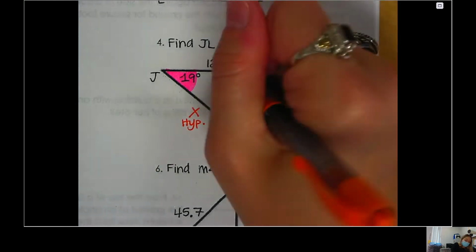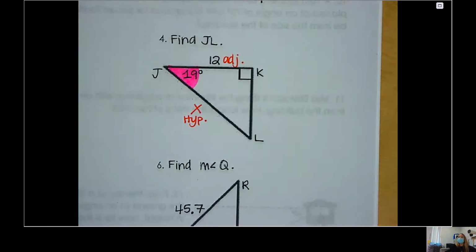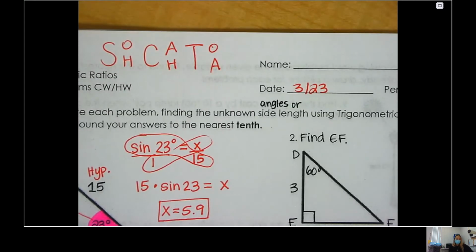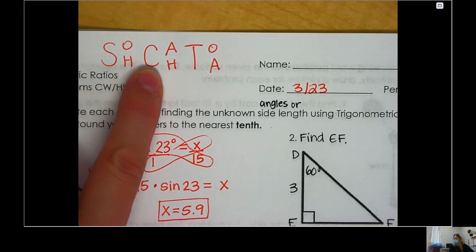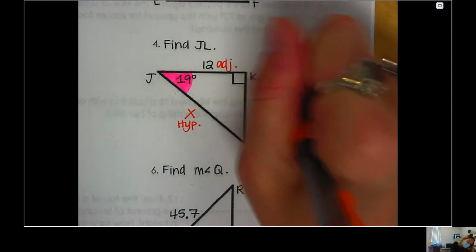It's adjacent. Good. So I'm using the hypotenuse and the adjacent. Which one am I going to choose? Hypotenuse and adjacent. Good. The cosine. Beautiful. So I'm going to take the cosine.